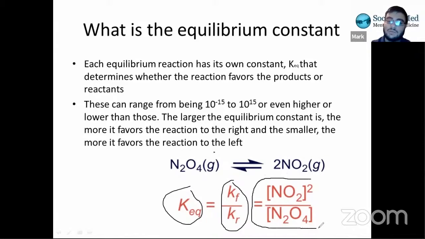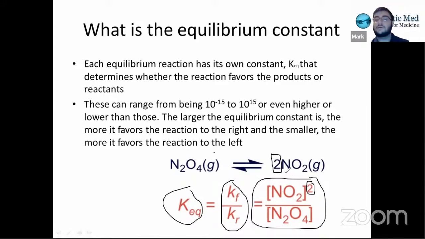it can also be equal to the concentrations. The concentration of NO2 over the concentration of N2O4 at equilibrium. KEQ equals the concentration of product over reactant at equilibrium. And notice how the product is squared. That is because it has a coefficient of 2.